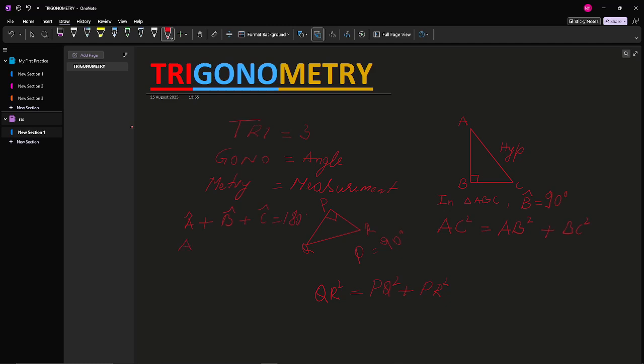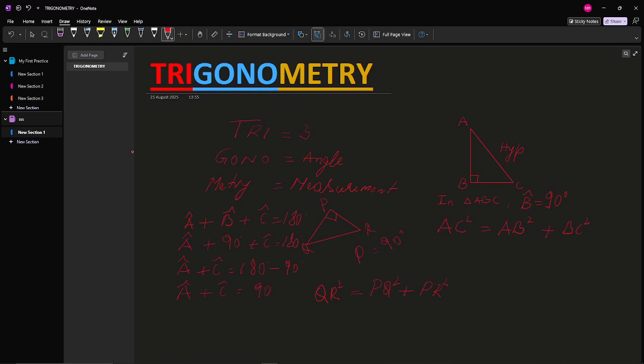Since I have said angle B is equal to 90 degrees, angle A plus 90 degrees plus angle C equals 180 degrees. I keep angle A plus angle C as it is, equal to 180 degrees. When I shift it across the equal sign, the sign changes to minus: 180 minus 90, which you know is equal to 90 degrees.